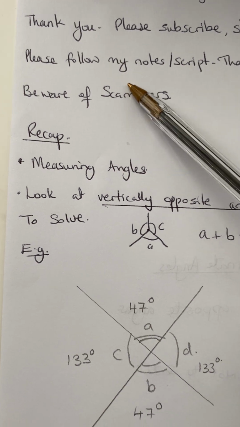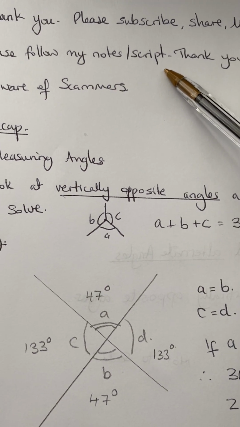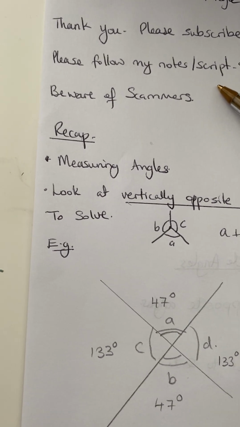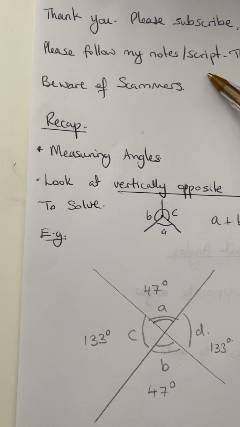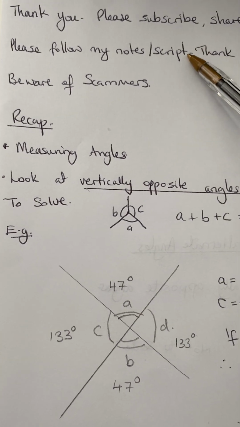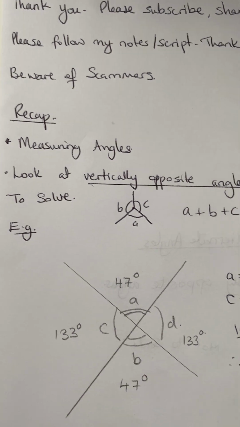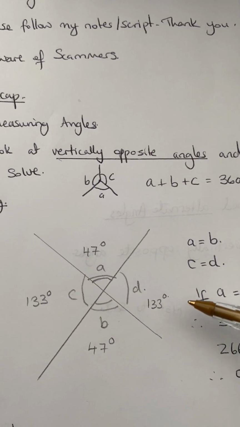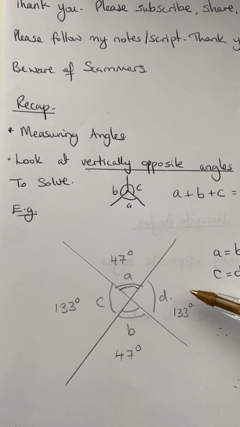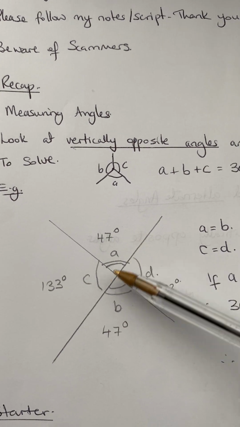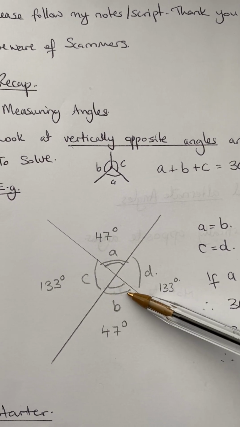And please follow my notes/scripts. I normally put this in the comment section. This is very handy for what we are doing, because if you just watch the video, you wouldn't know what angle I'm referring to.